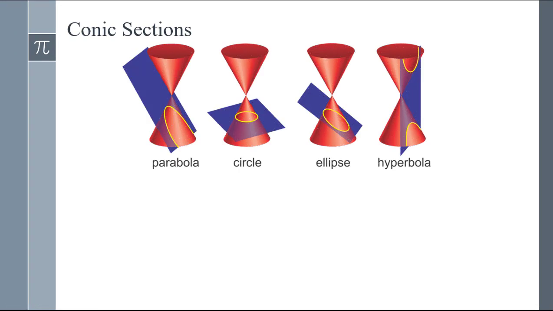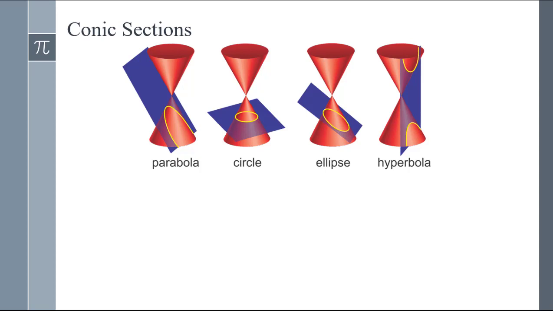At first, let's look at these shapes. All of them are cones, or two cones, vertex to vertex, located with each other. Now there's a plane, the purple color plane, which is traveling along with different angles.